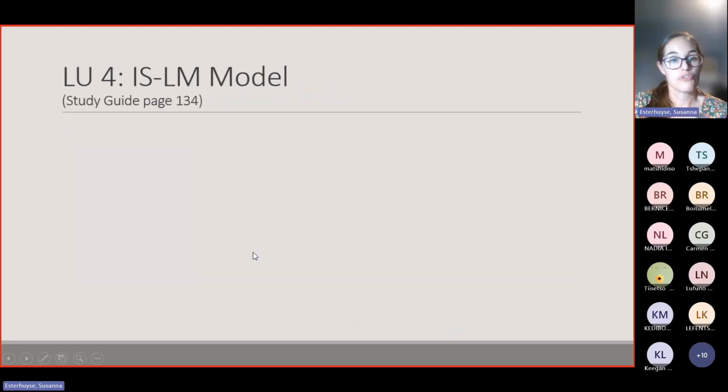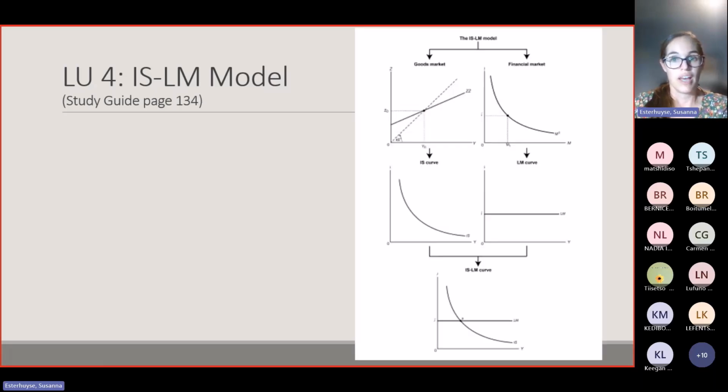But let's move a little bit forward to see where we are going, which will help you for next week's lesson. And this is to put the two together. You would see from our previous slides, you had a look at the goods market, and from there your IS curve was derived. You did cover that last week already.